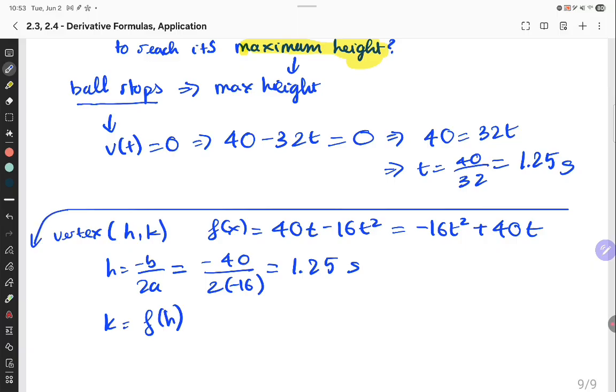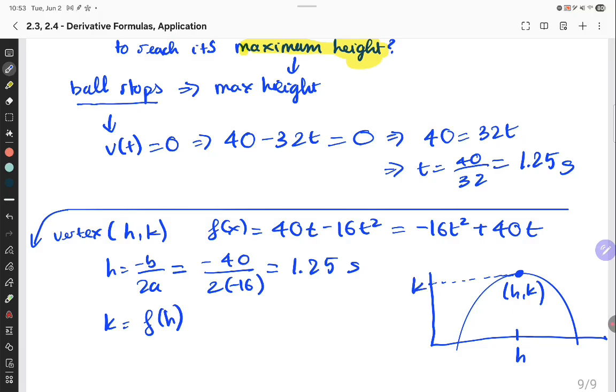Okay, the vertex, I'm going to write over here, the vertex is here. H and K. Therefore, the value of H stands for the x-axis. H here, K here.